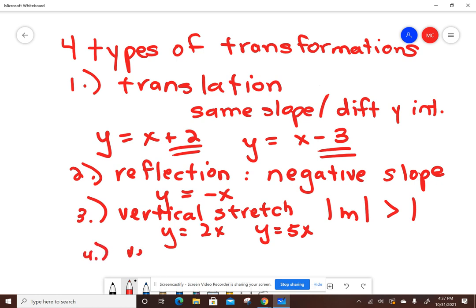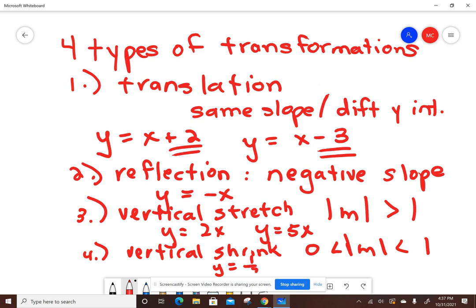And you can have a vertical shrink. And that's when your absolute value of your slope is in between 0 and 1. So y equals 1/2 x, y equals 1/5 x. Okay, so those are your 4 types of transformations.